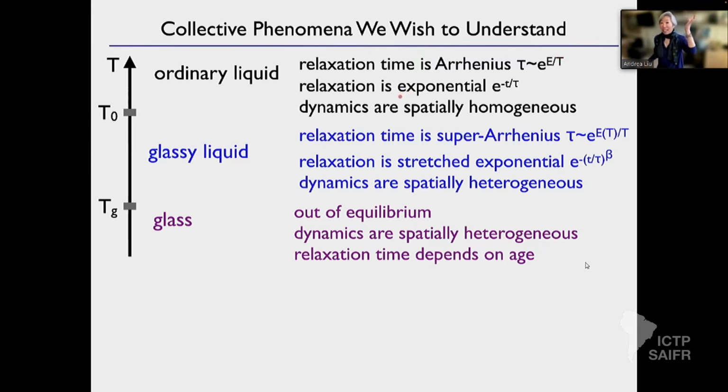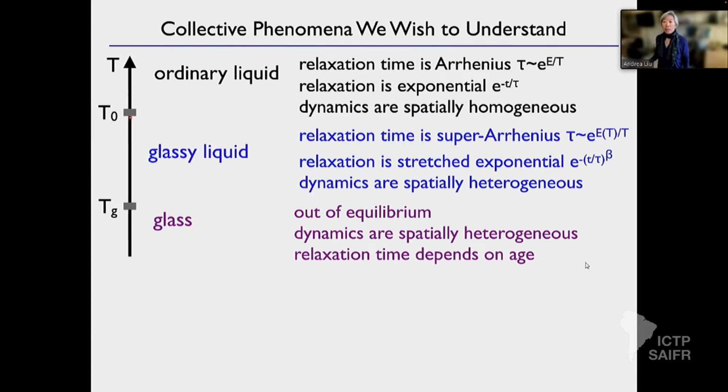There's a characteristic energy barrier for having rearrangements. The relaxation is exponential in time. So there's just a well-defined time scale for that stress relaxation to occur, nothing fancy. And the dynamics are spatially homogeneous, which means that any particle can rearrange at any time.